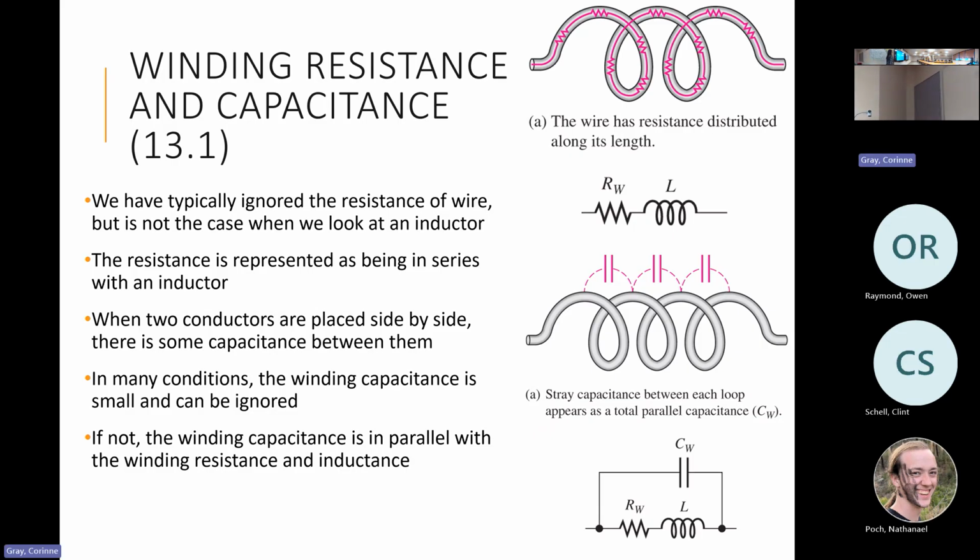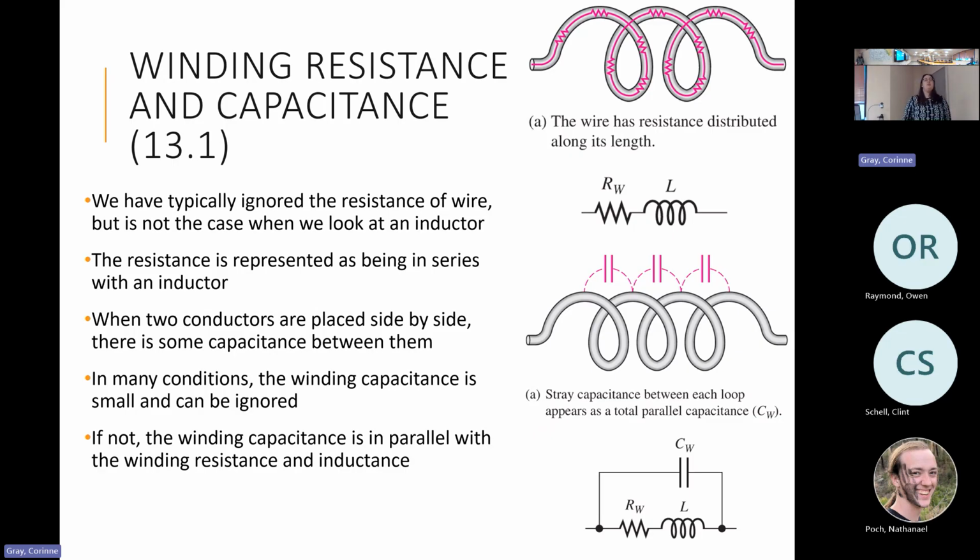So if we need to include the winding capacitance and the winding resistance, every inductor would need to be represented like this. We would have a resistor and an inductor in series, and it would be in parallel with a parallel plate capacitor, in which case all the equations we would look at today would not work. So again, we are not going to be doing this.